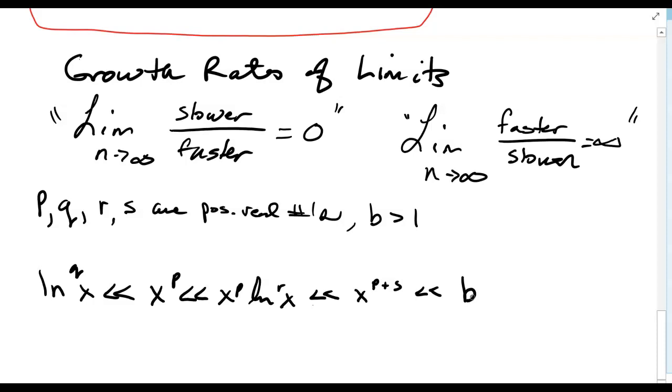This is followed by a base raised to the x power. That's the base, and that could be anything. That could be e. It's a constant base, as long as it's greater than 1. b has to be greater than 1. If b is a fraction, you can imagine that doesn't work at this point. But if b is a value greater than 1, like e, and you raise it to an x power, it's going to grow pretty fast. Let's say 2 to the x is going to grow much faster than x squared, right?